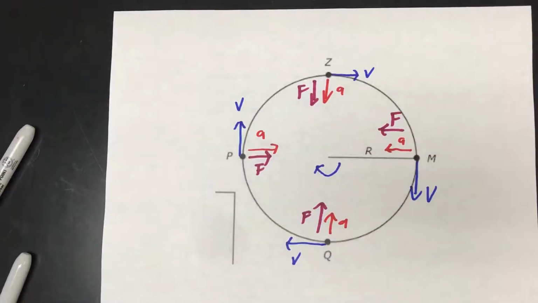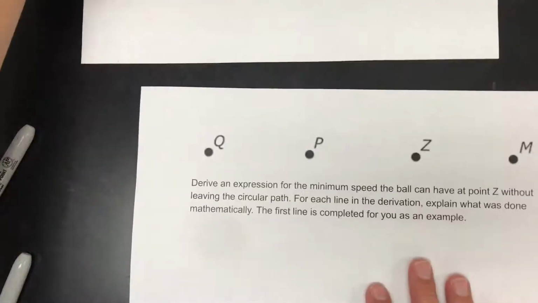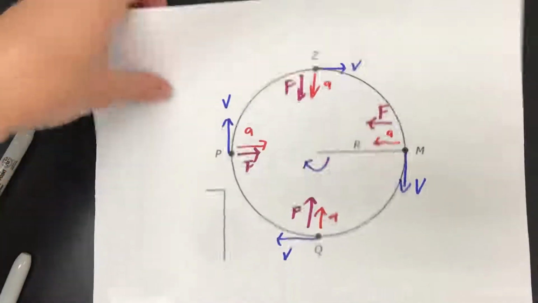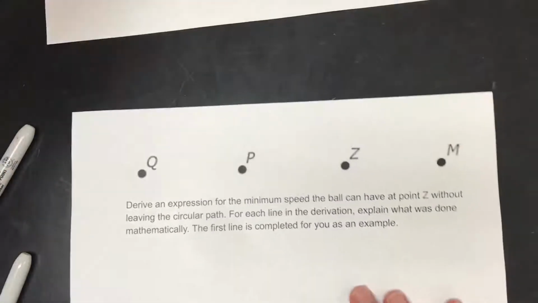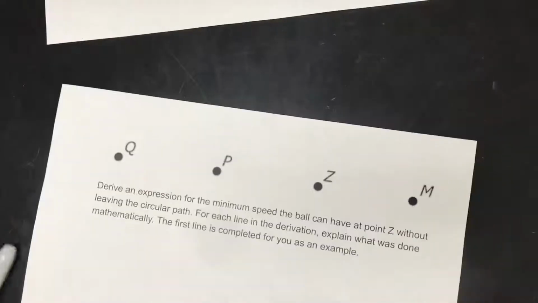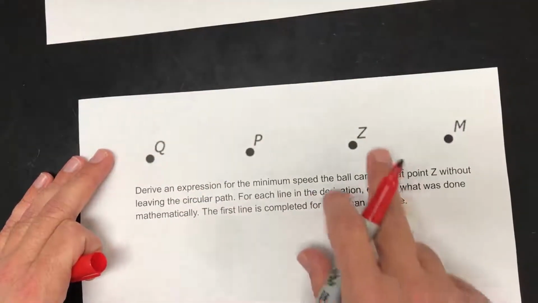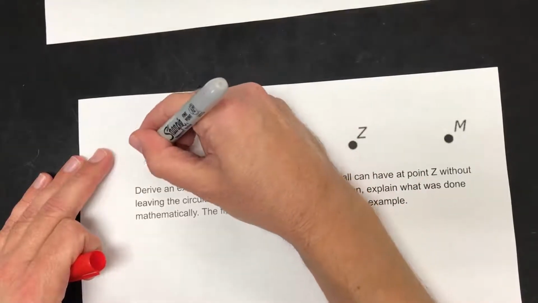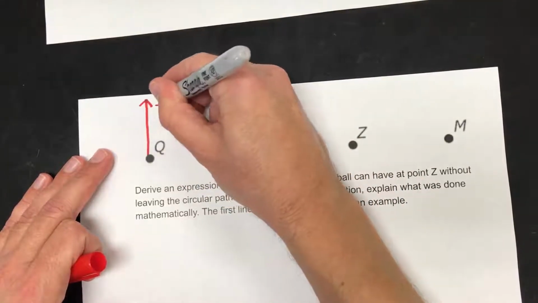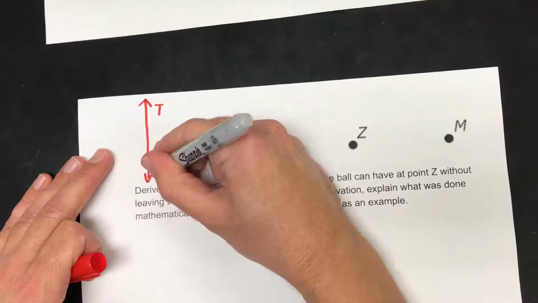So we can use that actually to do the free body diagrams on this case right here. So we sort of already just did that with these. We've just got to transfer these over to this one. So on Q, which is at the bottom, we would have tension up, and we would have the force of gravity down.